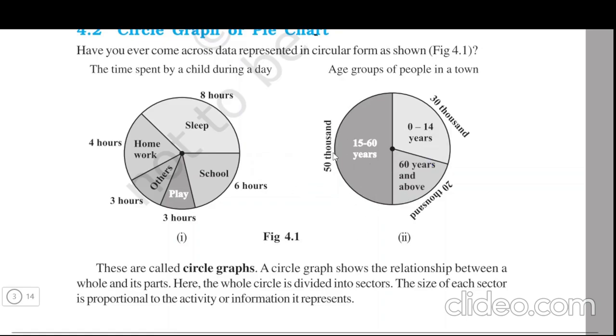Just by seeing this pie chart, you could have said that half of the population is between 15 to 60 years. Just by seeing the other pie chart, you could have said that the maximum hours a child is giving is to his sleep. So sleep is an important and crucial factor for our health also.